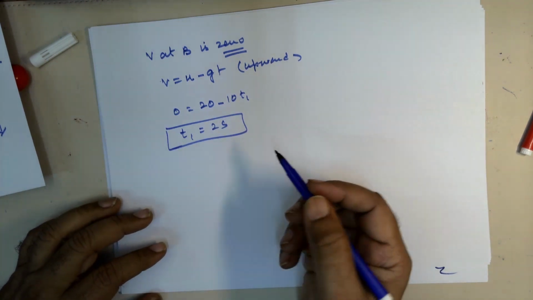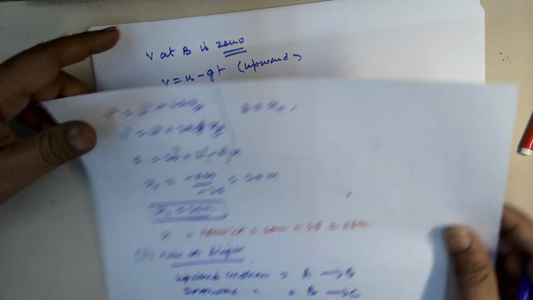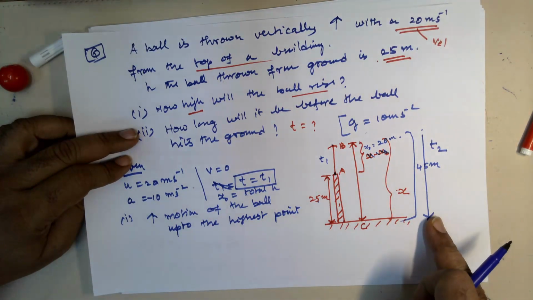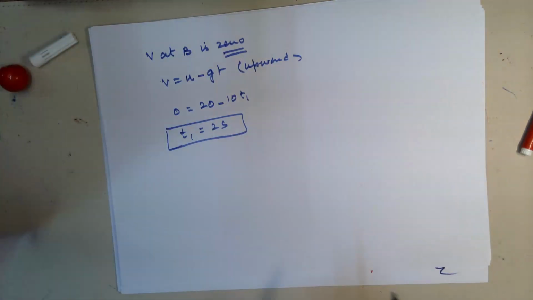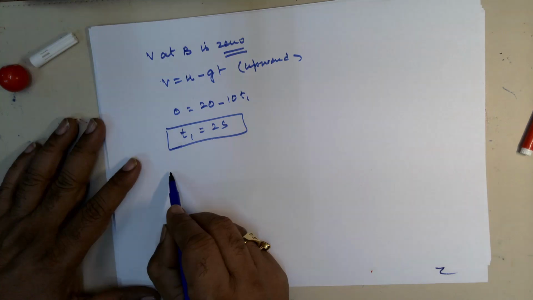Then let us proceed. From the top, the ball again falls freely under acceleration, and the time taken here is T2. Okay. And what is our regular equation?